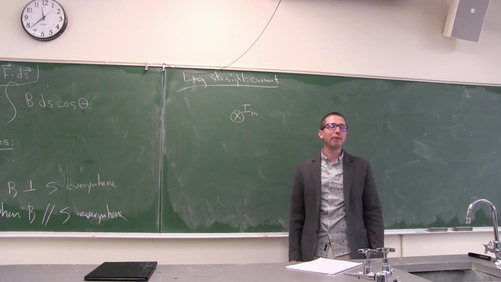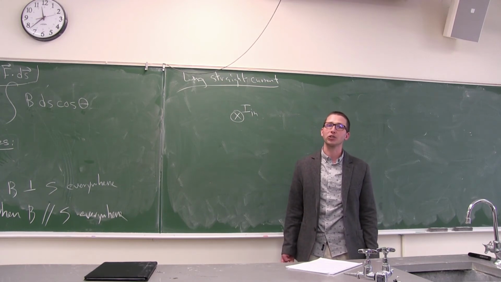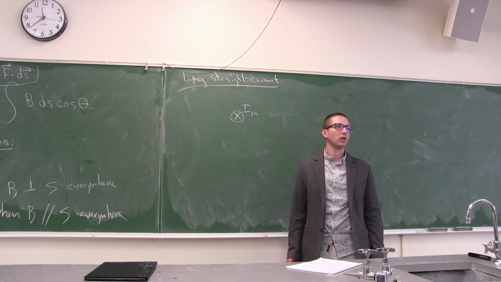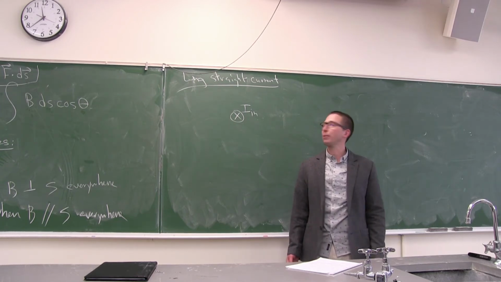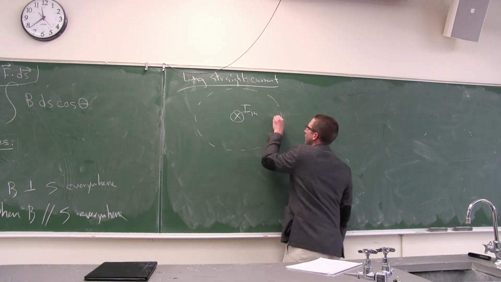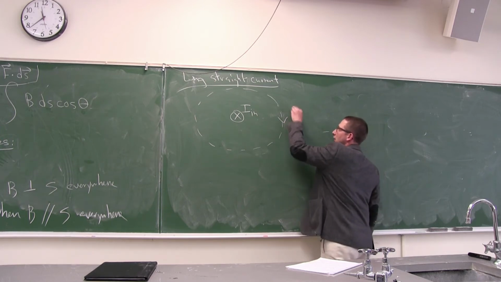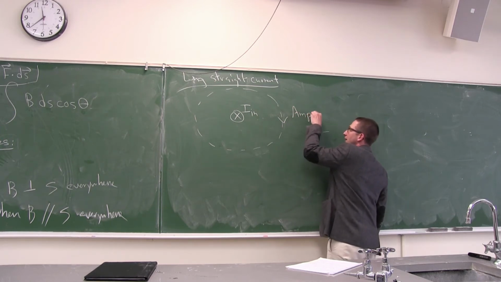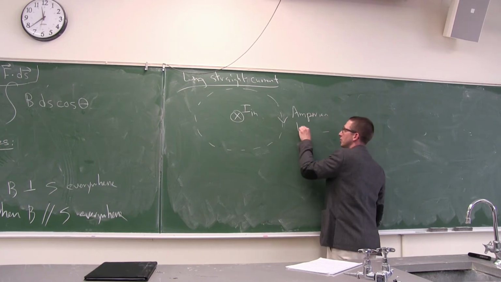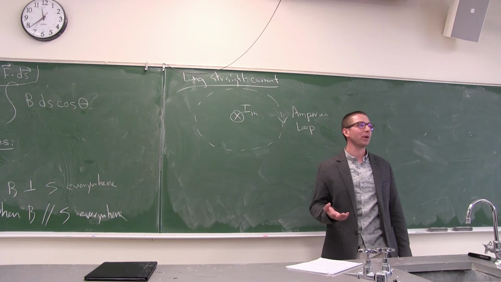Now, does the magnetic field due to this current go clockwise or counterclockwise? Clockwise. So I'm going to choose a path that moves around clockwise. My path, which I'm going to call an Amperian loop, is, instead of a Gaussian surface, a loop.